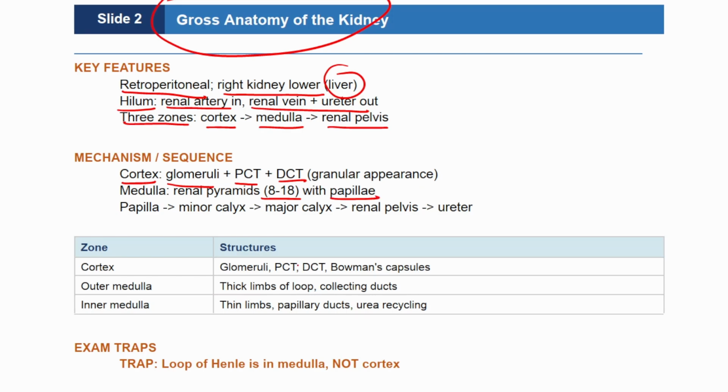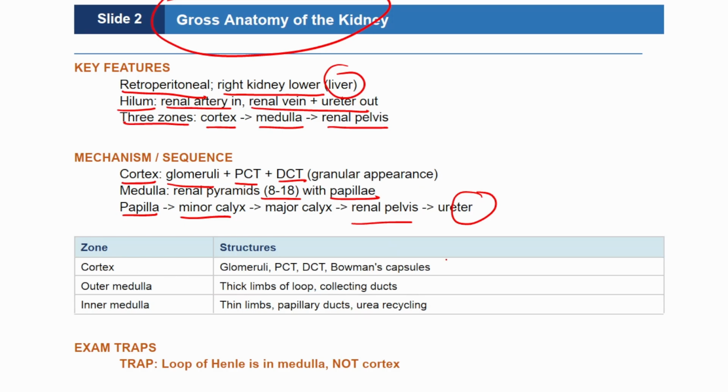renal papillae. The outer medulla houses the thick limbs of the loop of Henle and collecting ducts, whereas the inner medulla contains the thin limbs of the loop of Henle, papillary ducts, and participates extensively in urea recycling. The path of urine drainage flows precisely from papillae into the minor calyx, emptying directly into the renal pelvis before traveling down the ureter.